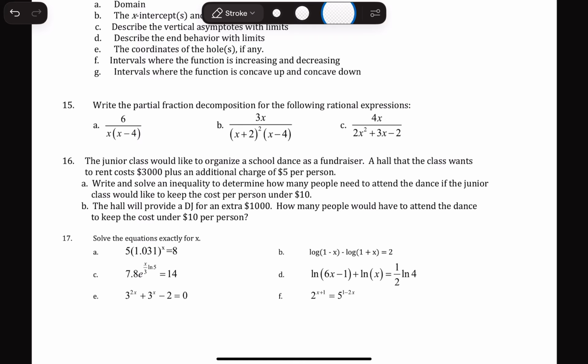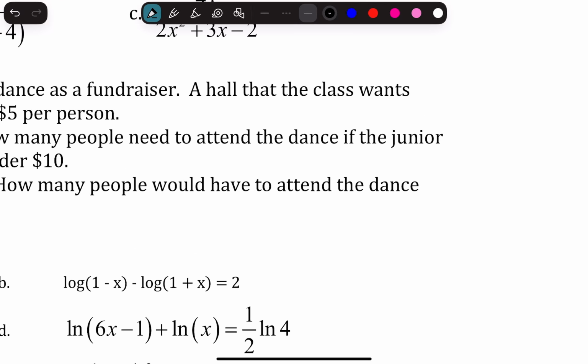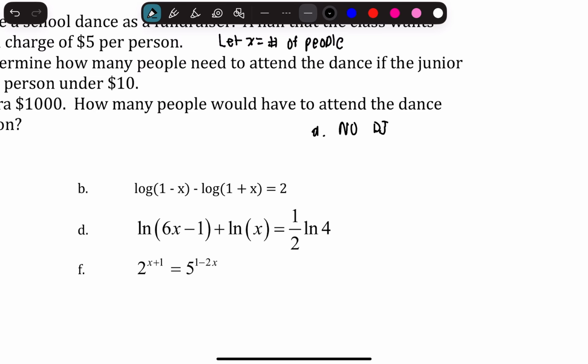So, okay, how do I want to tackle this? Let x equal the number of people. A, no DJ. So we're going to have 3,000 plus 5x over x is less than 10.